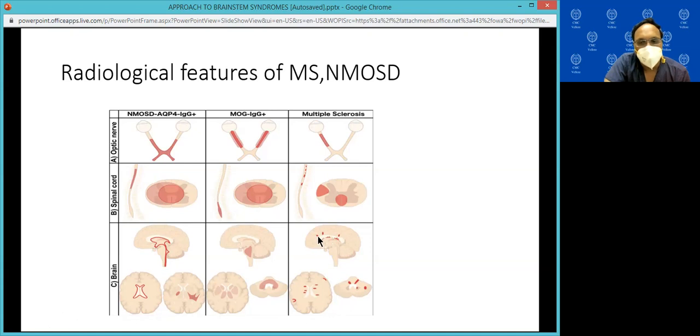So there is involvement of the corpus callosum, periventricular, cortical, subcortical regions, and U fibers. This is one difference between NMO and MS. The criteria for MS are cortical, subcortical, periventricular, infratentorial, and spinal cord involvement.